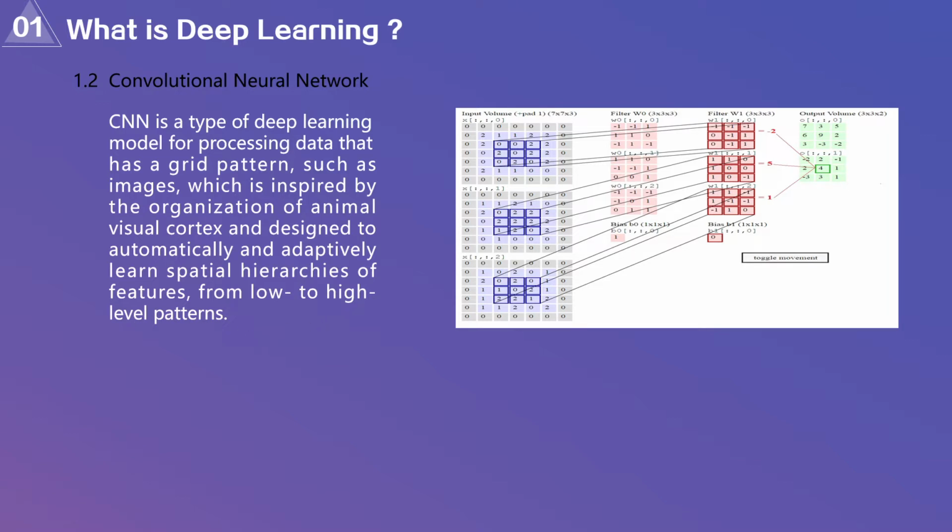Simply, we can understand CNN as automatic feature extraction.